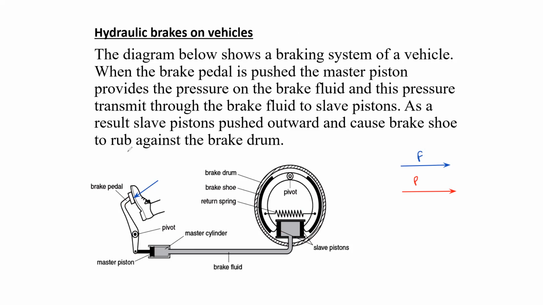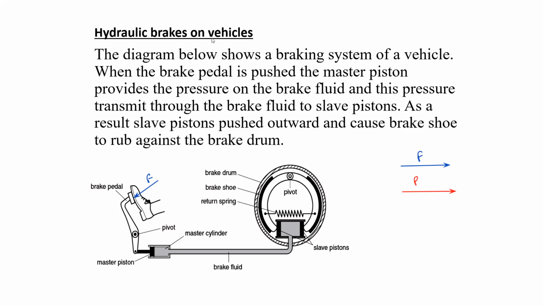So we apply force on the pedal. Force is the push or the pull, and pressure is how much force is acting on a unit area. The force acting on a unit area is called pressure.